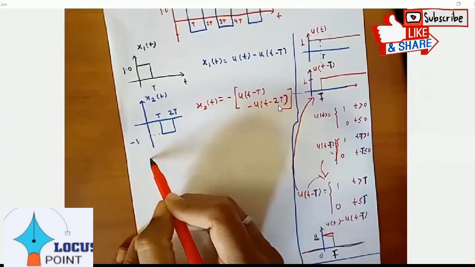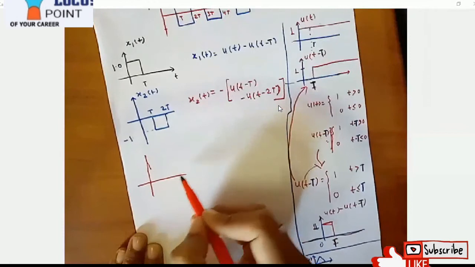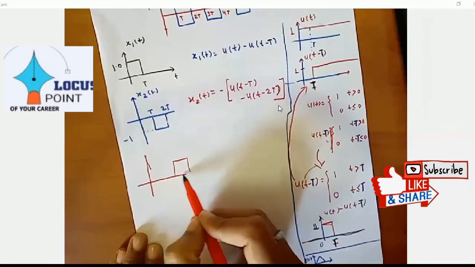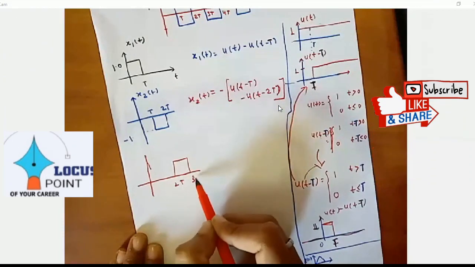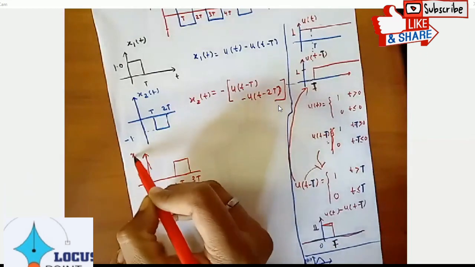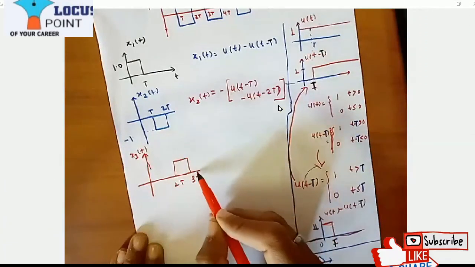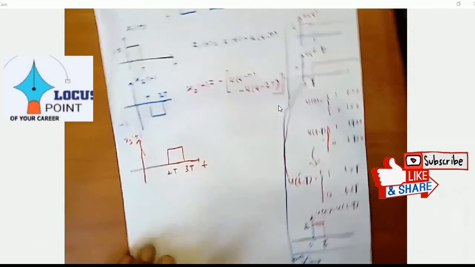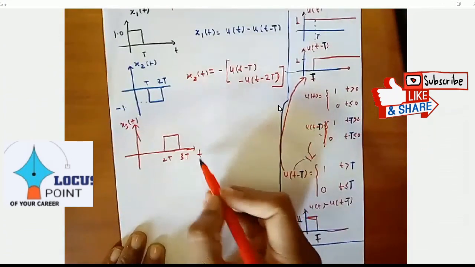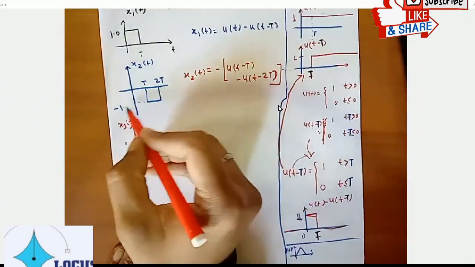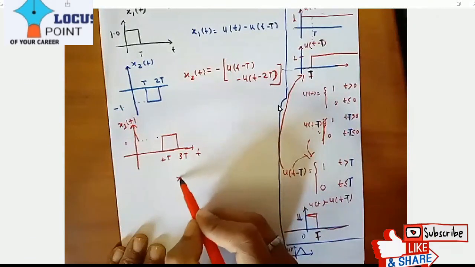Clear? Now, if I simply ask you what the graph is, for example, this is 2T and this is 3T, and I write x of 3t, and it will be like this. So what will be the equation? I think you should write it directly. This is 1, this is also 1.